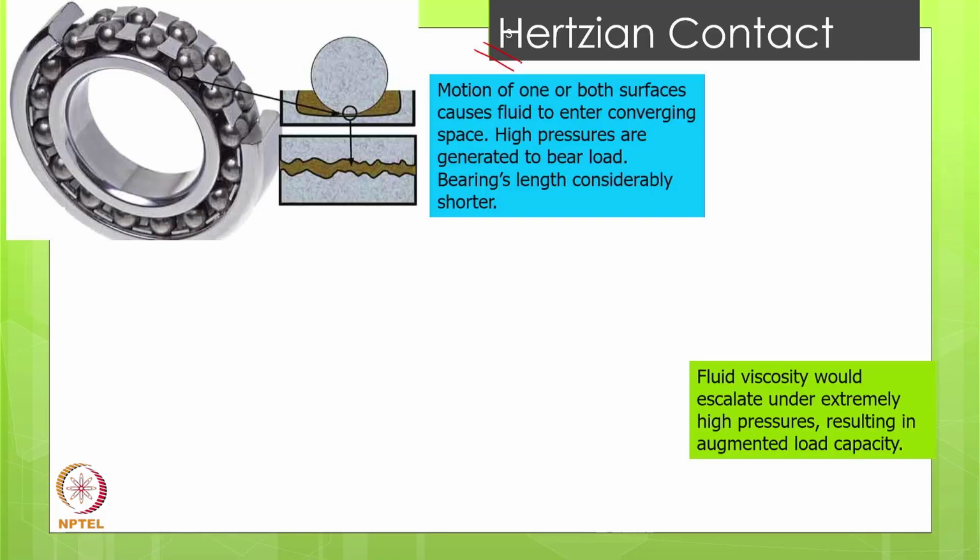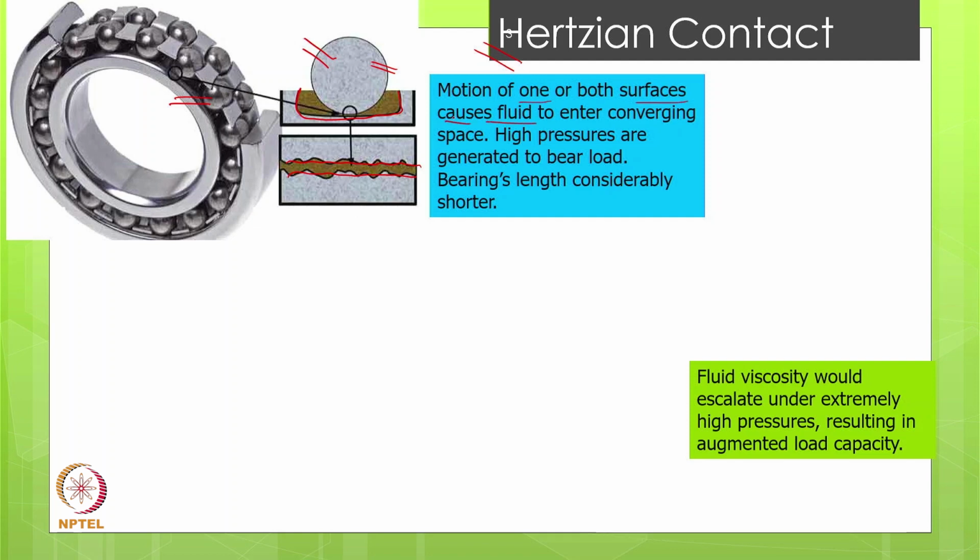Now in Hertzian contact, we know this, as has been shown in a rolling element bearing, this is a sphere and this is the race, and in the race the ball is trying to rotate about its own axis, and then there is a film thickness in this zone, and we are assuming there is elastic deformation plus hydrodynamic action. Both things are happening in this case. That's why we write motion of one or both the surfaces.